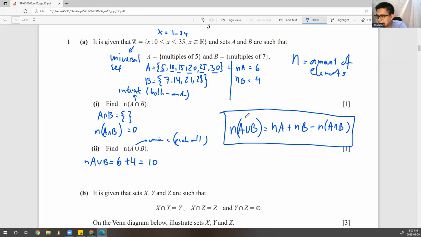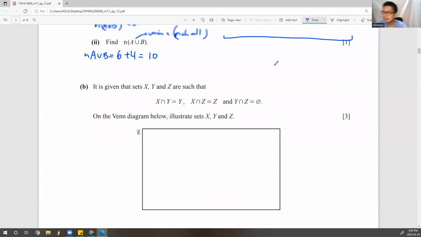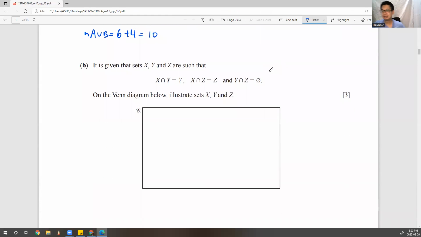Okay. Now it is given, so we have to think right now. It is given that sets X, Y, and Z are such that X intersect Y is Y. So all the elements of Y are also in X, right? Z is a subset of X, X intersect Z is Z. And Y intersect Z is 0.